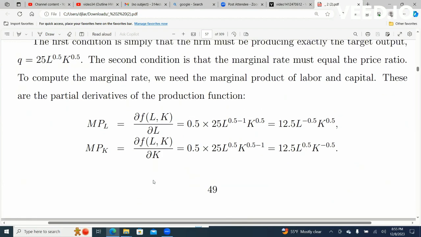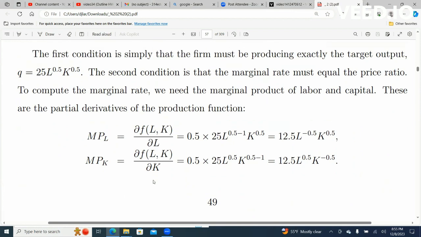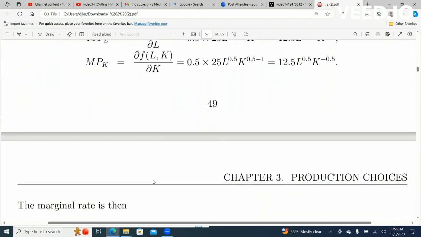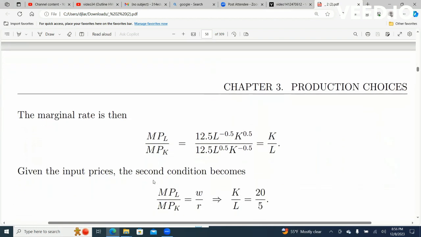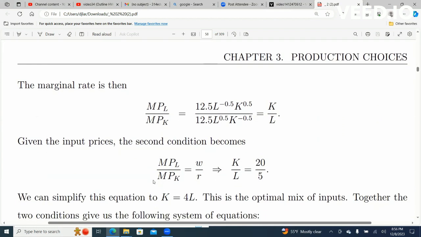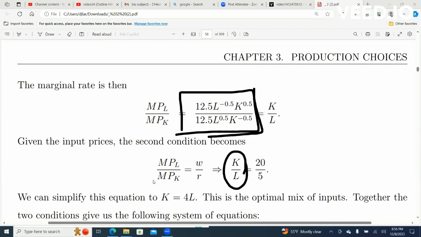The partial derivatives are the MPL and the MPK, where it's MPL over MPK. So what's next? We put that over each other. They have the 20 over 5. So we just did this. It simplifies to be this. If you divide one over the other, it will simplify to be that right there.